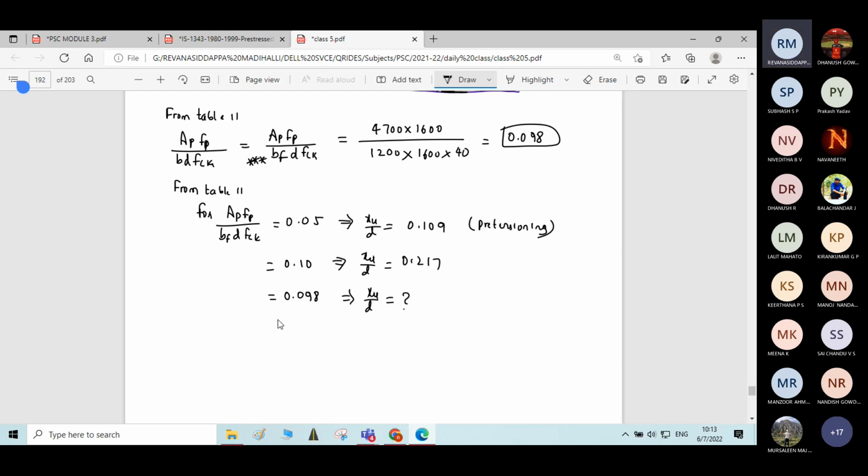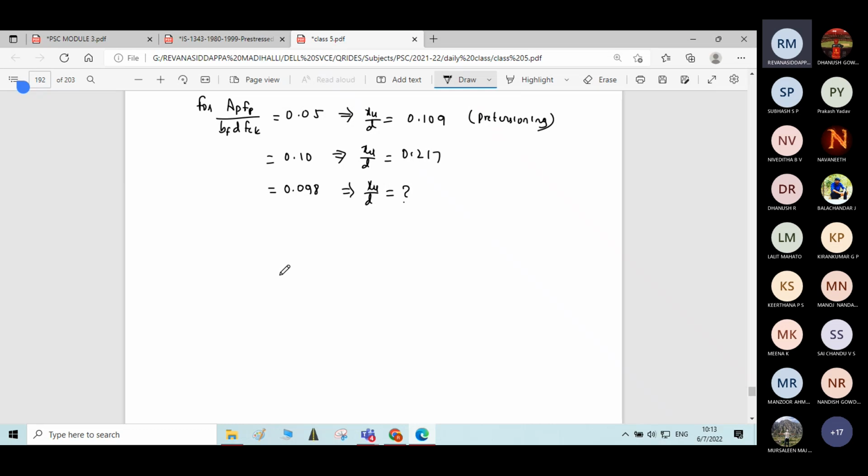Now you need to do the interpolation, friends. You are very much familiar with doing the interpolation. Just do the interpolation and get the value for 0.098.